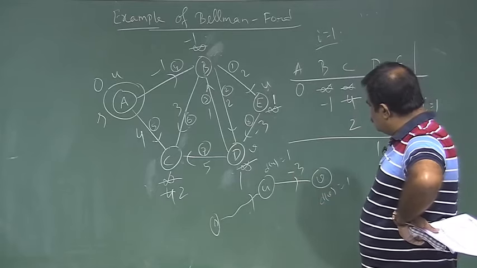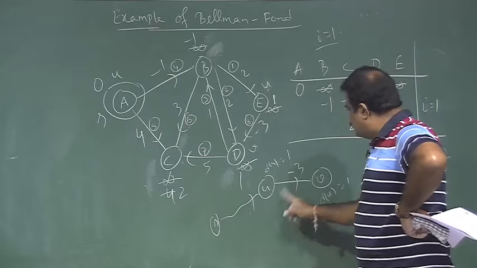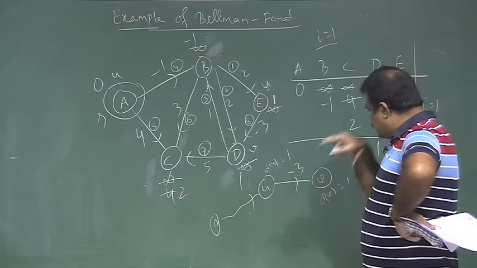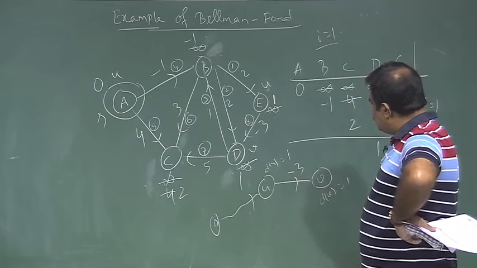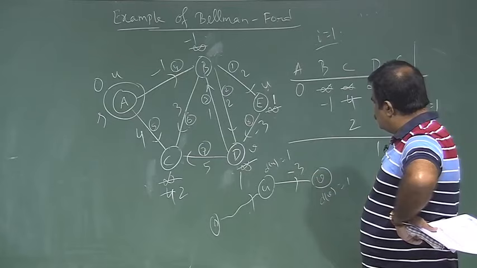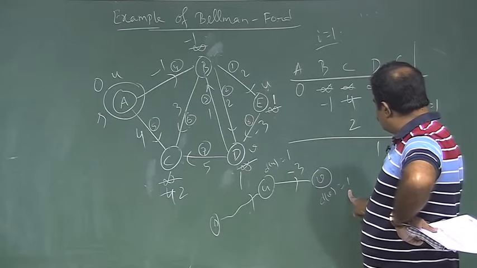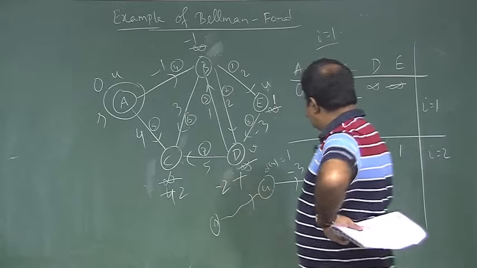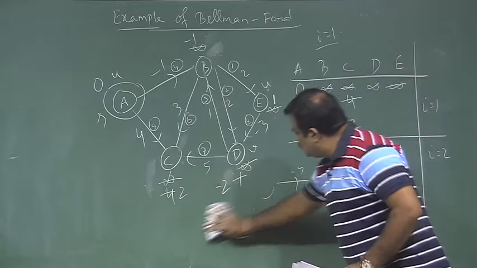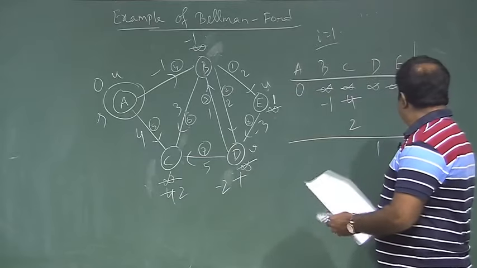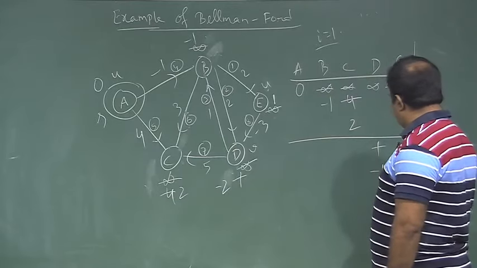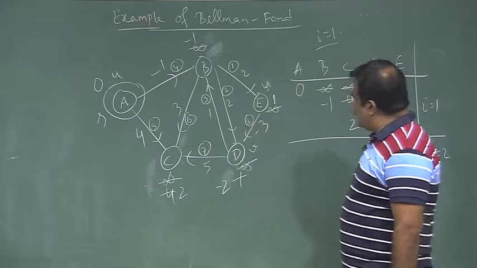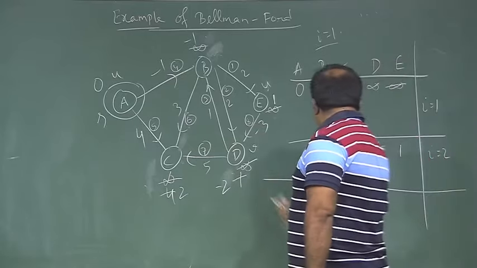So we take this du 1, then we take the direct edge minus 3. So this is 1 minus 3, which is minus 2. Minus 2 is better than this, so we must relax this. This will now be minus 2. So v is relaxed, and d is now minus 2. Okay, so this is edge number 8. So this is for i equal to 2.